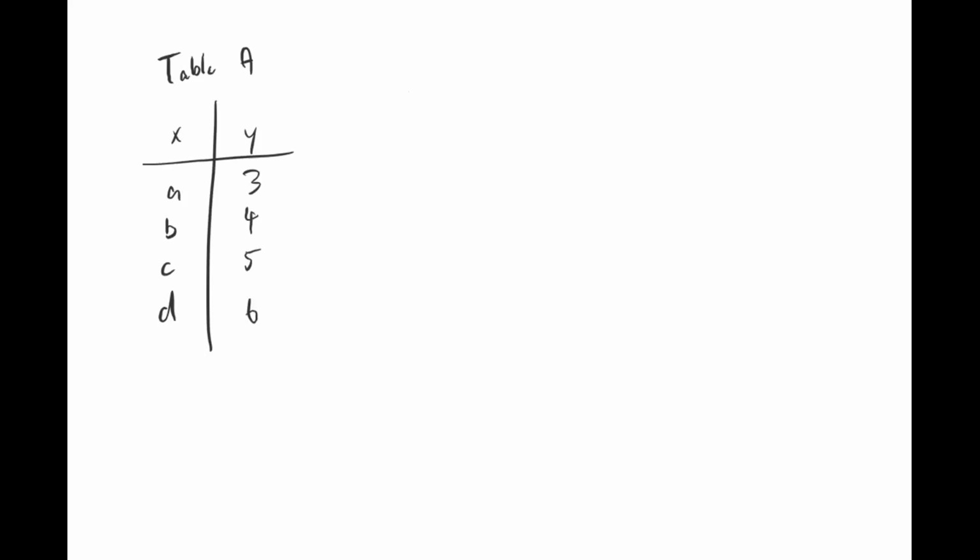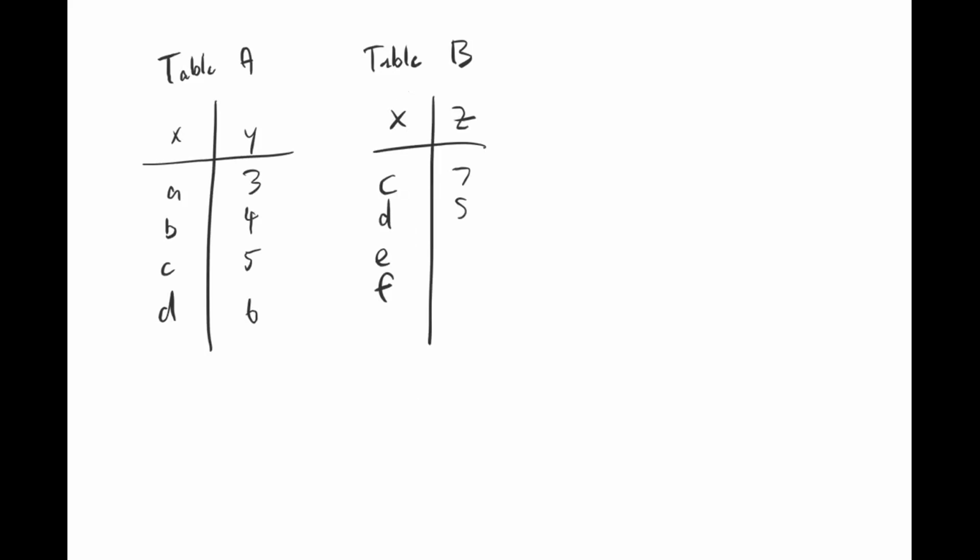Okay, so let's take a look at two hypothetical tables. Table A has X and Y, where X is A, B, C, D, and Y is 3, 4, 5, 6. Then table B has X and Z, where X is C, D, E, F, and Z is 7, 8, 9, 10.